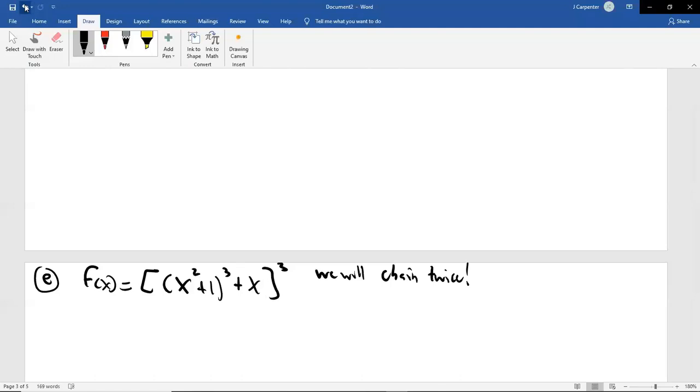So for the first layer, the first dive into the dream, I would call the inside everything inside of the bracket, the x squared plus 1 cubed plus x, and then I'd call the outside everything inside of the bracket cubed, the red x representing everything inside of the bracket.